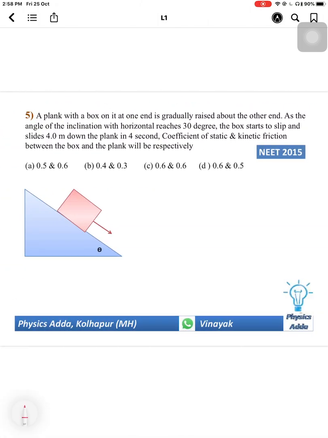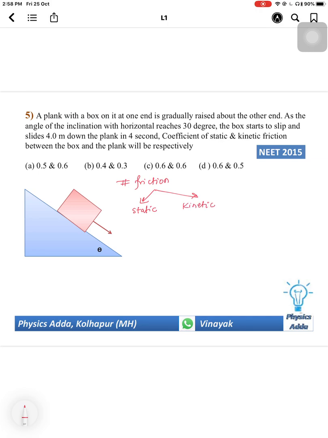This question requires the knowledge of friction. There are two types of frictions, as we know. Now you can pause the problem, read the problem, and then try to solve the problem. Okay, I will solve it. The first friction is static friction, the second one is kinetic friction.